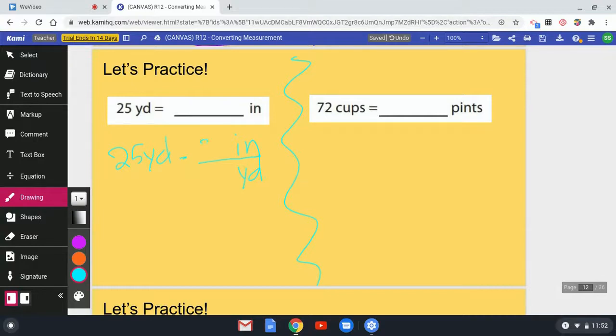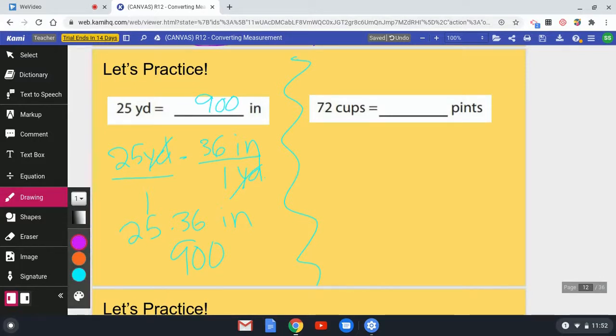I know that there are 36 inches in 1 yard, right? Now, when labels are diagonal from each other, they cancel. So I'm left with 25 times 36 inches. On your calculator, 25 times 36, 900 inches.